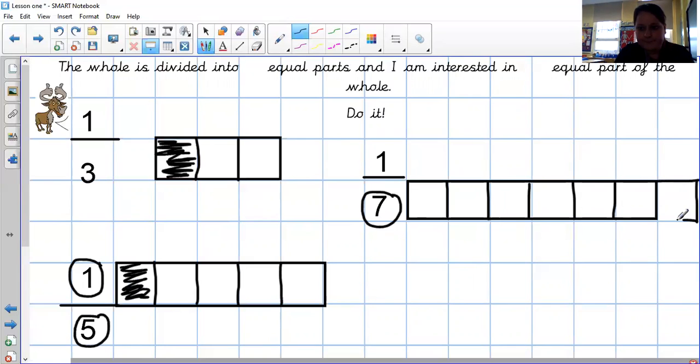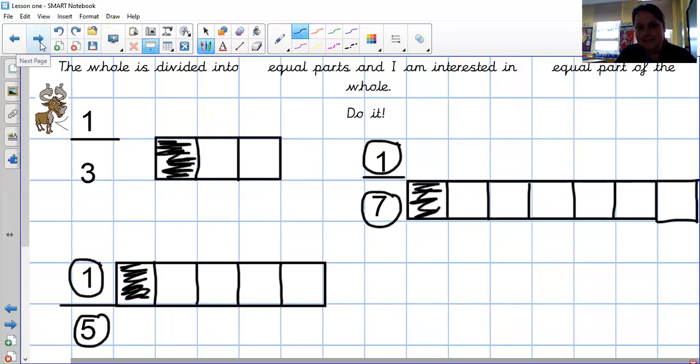Let's just pop that one in. Okay, 7 equal parts. And I am interested in 1 equal part of the whole because my numerator is 1. So I'm going to shade in 1 out of 7 equal parts. 1, 2, 3, 4, 5, 6, 7. And I'm interested in 1 out of those 7 equal parts. So hopefully you got those right in your book.